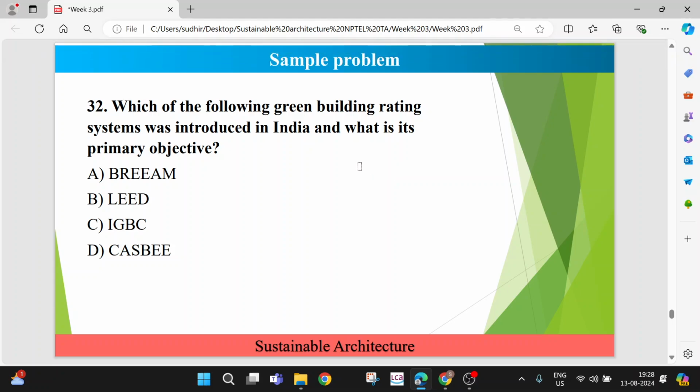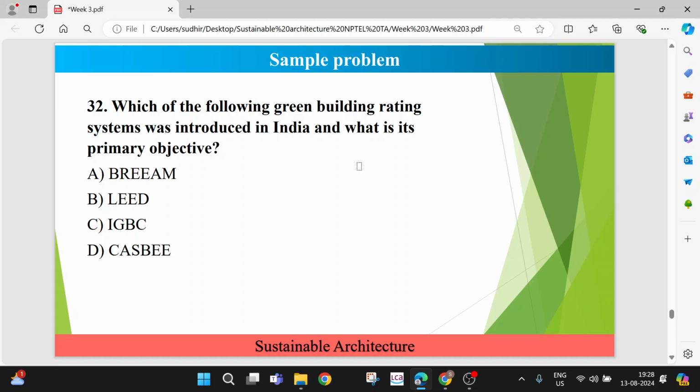So option C, that is Indian Green Building Council or IGBC. Can anybody tell me in which year it was initiated? In the last slide, various flow diagrams were given, discussing which rating policy was introduced in which year.